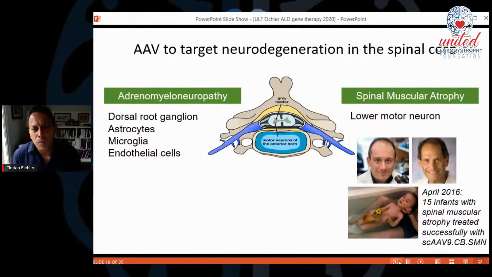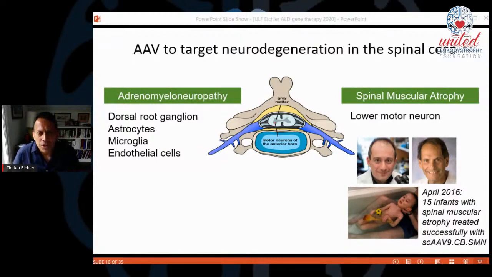So, based on the work by Brian Kaspar and Jerry Mendell, we really used the modality of AAV-mediated gene therapy to target dorsal root ganglion, astrocytes, microglia, and endothelial cells.